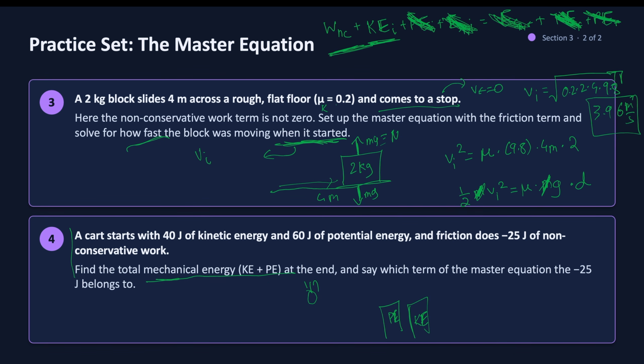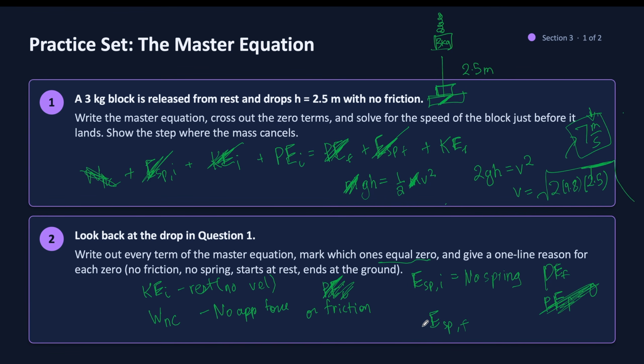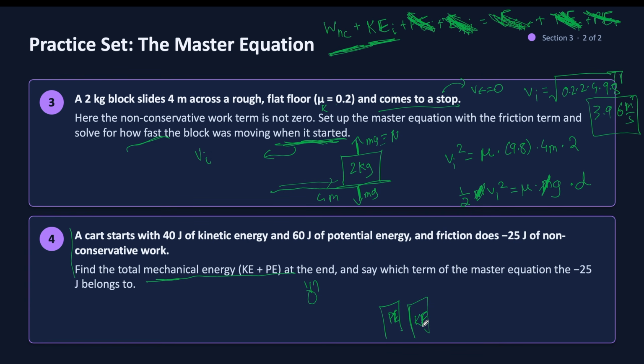So we need to find the total mechanical energy and say which term of the master equation the negative 25 joules belongs to. We need this mechanical energy at the end, so this should be kinetic energy final plus potential energy final.